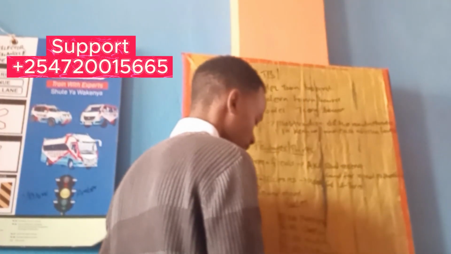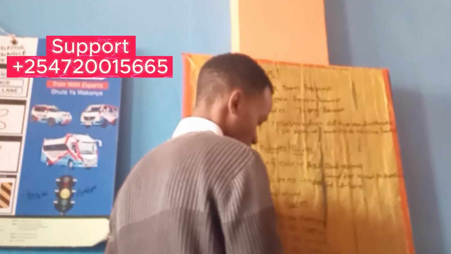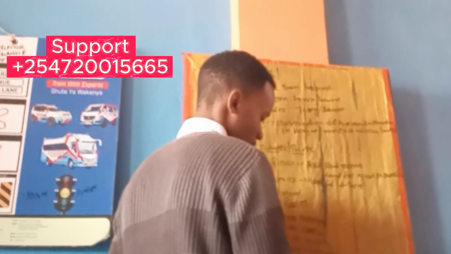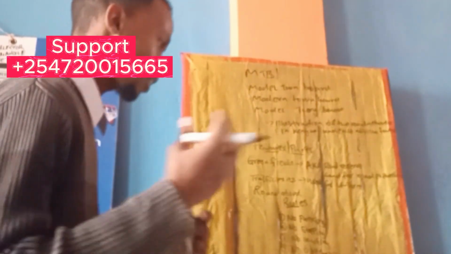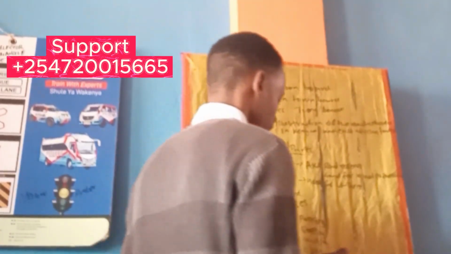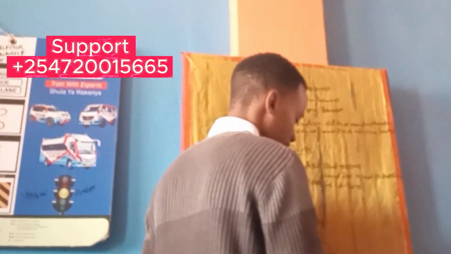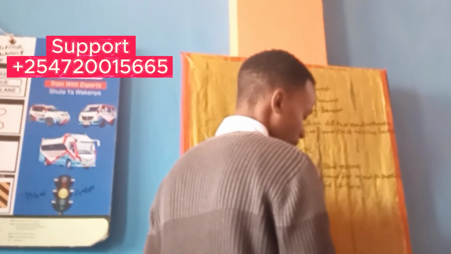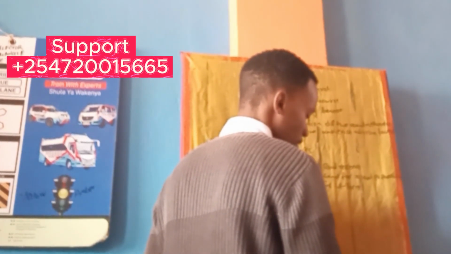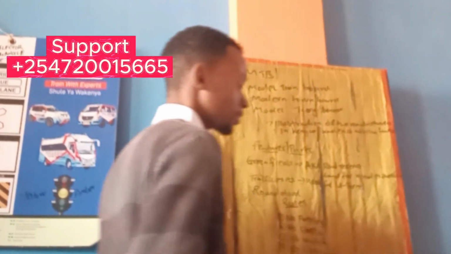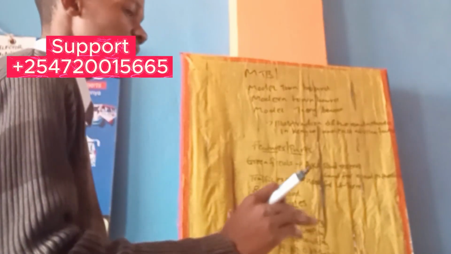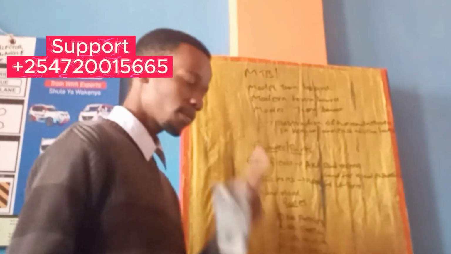Then, after the roundabout, learning attention, we have the yellow caps, and the yellow caps are meant to give a certain communication. So the definition of a yellow cap is the yellow painted pavements. Pavements meaning that ni kando ya barabara, iko kando ya barabara.